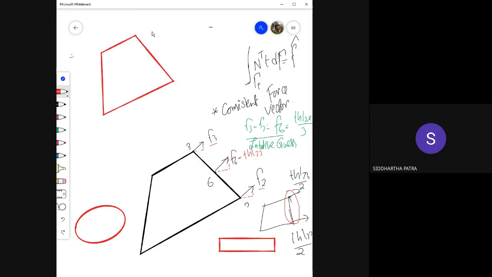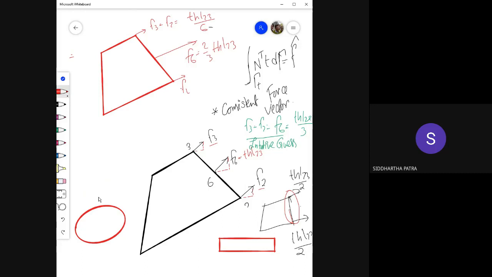So basically over here, f3 equals f2 would be t times h times L23 divided by 6, whereas f6 would be 4 times this value, so eventually 2/3 of L23.